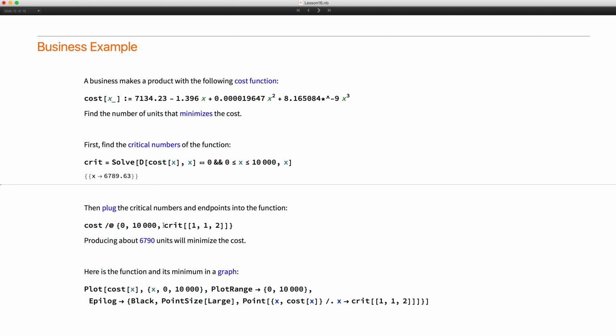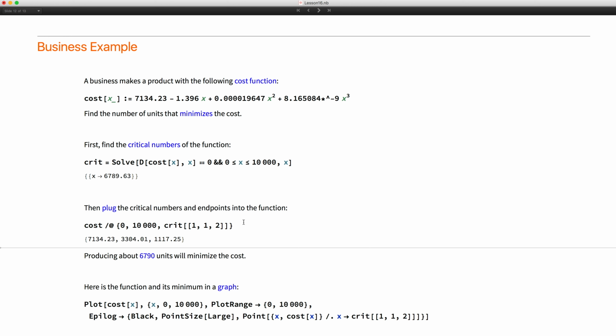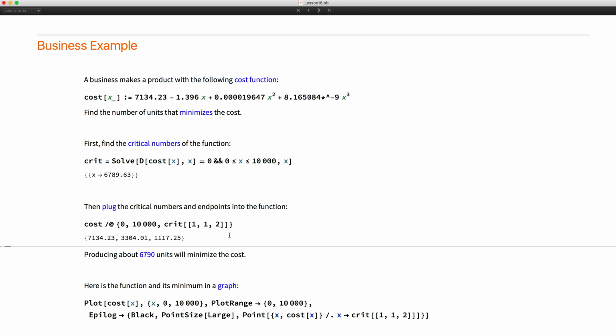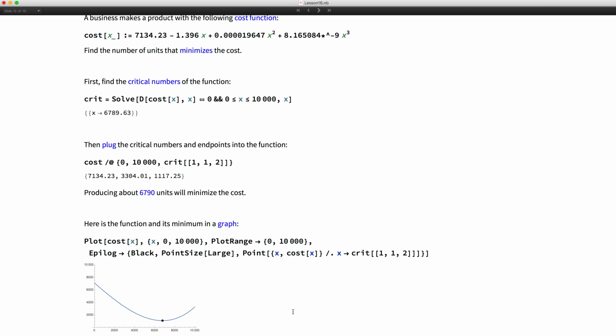You plug in the critical point and the endpoints, work out the values at those points, and you find that you need to produce around 6,790 units to minimize the cost. Here's a plot for the problem, and you can see quite clearly that you do have a minimum somewhere around 7,000.